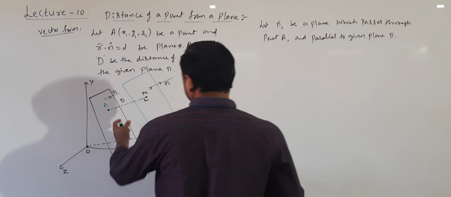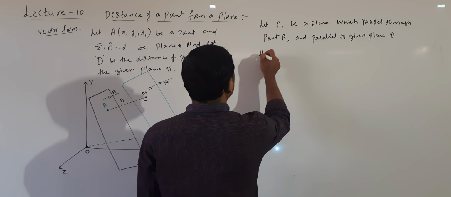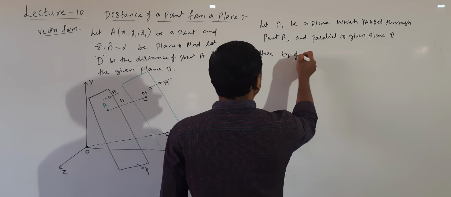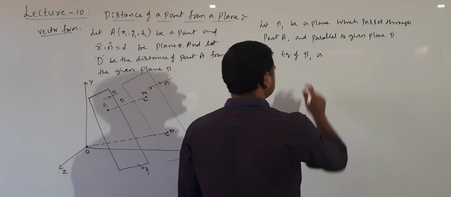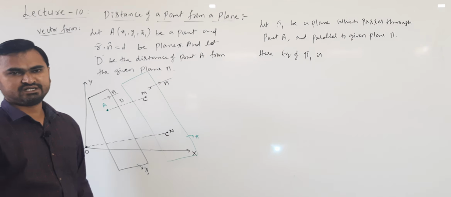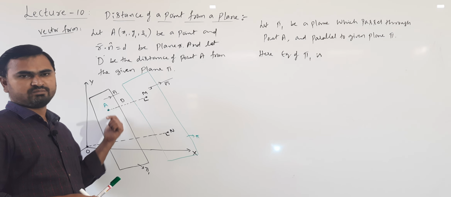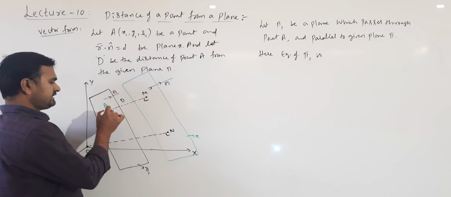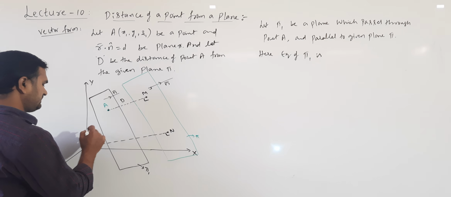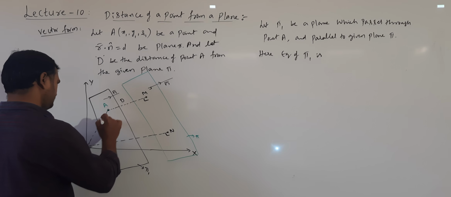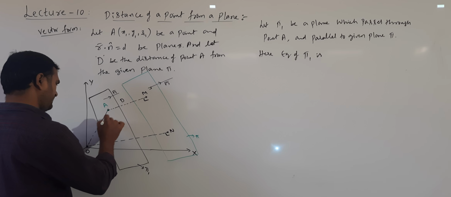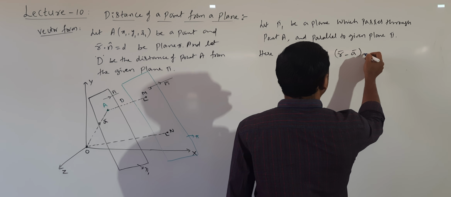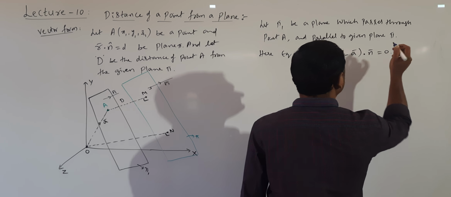So how can I write the equation of pi 1? If you remember, we studied the plane passing through a point and perpendicular to a vector n bar. What is the equation of the plane passing through point A with position vector a bar and perpendicular to vector n bar? (r bar minus a bar) dot n bar is equal to 0.